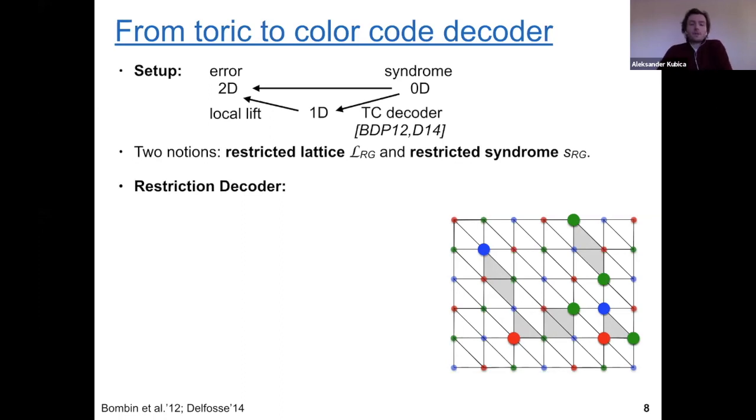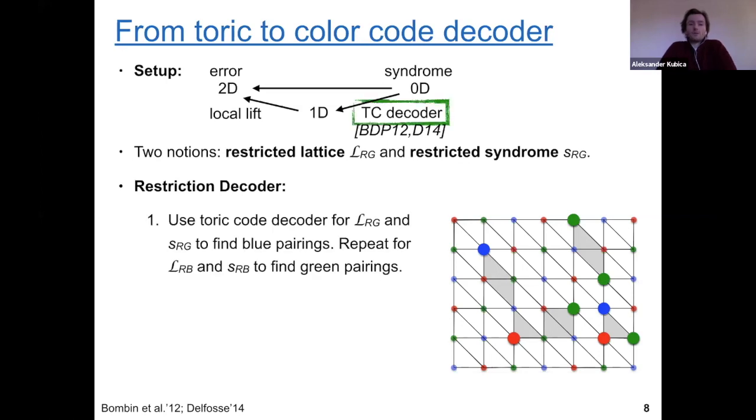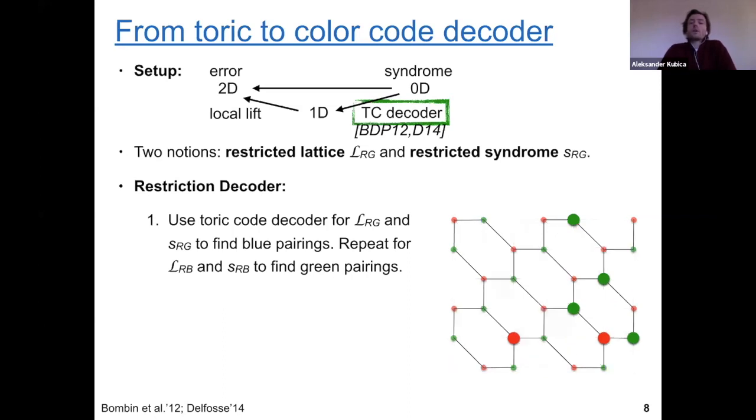So let's see with an example how the restriction decoder works. In the first step, we use a toric code decoder for the red-green restricted lattice. Within this restricted lattice, we pair up the excitations. I denote the pairing by thick blue edges.